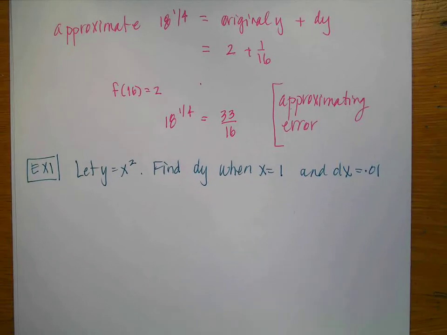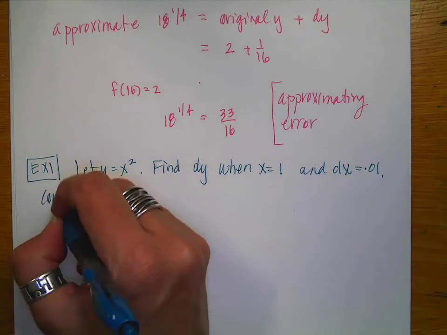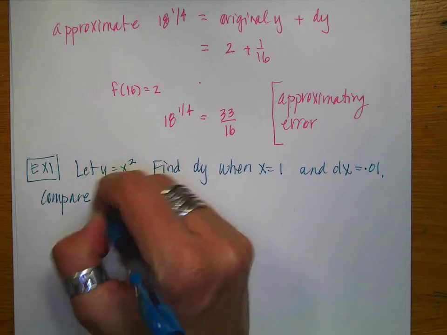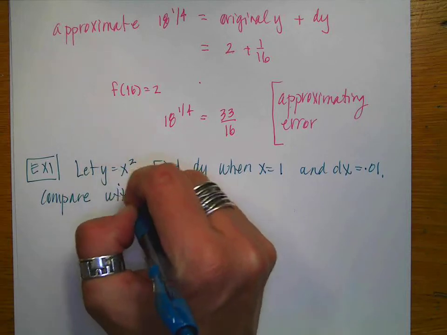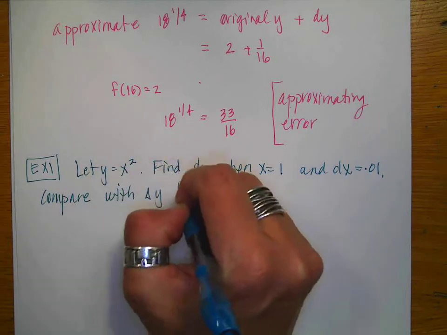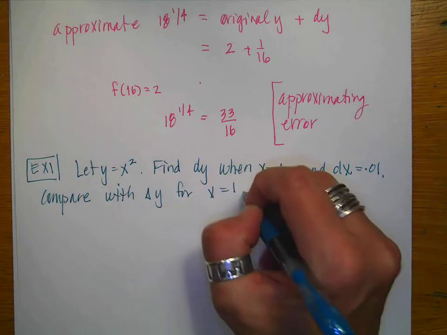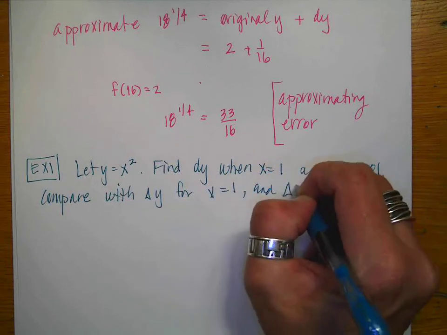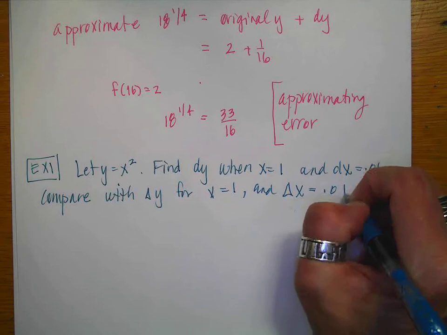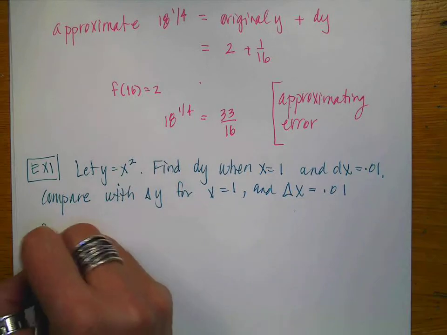Oftentimes in these problems, when you're trying to calculate error, they're going to give you a value, okay? And I want to compare with delta y for x is equal to 1 and delta x is equal to 0.01.